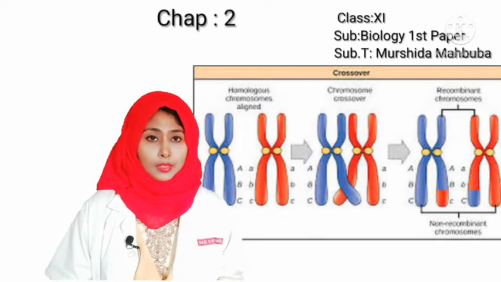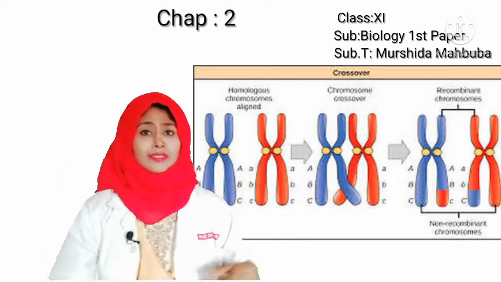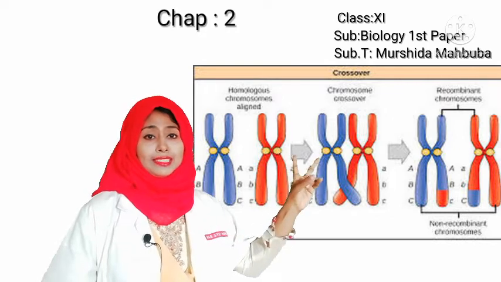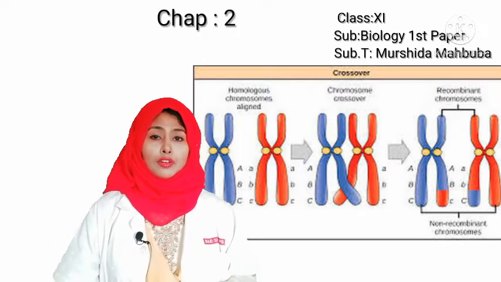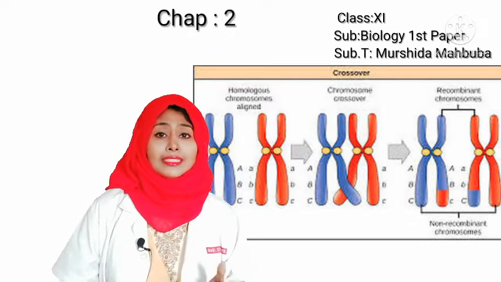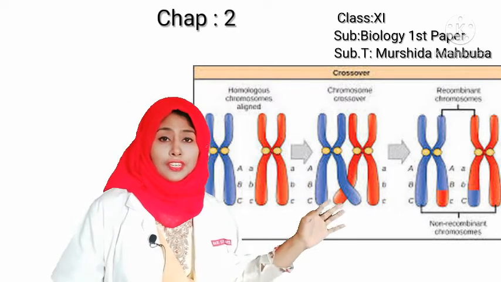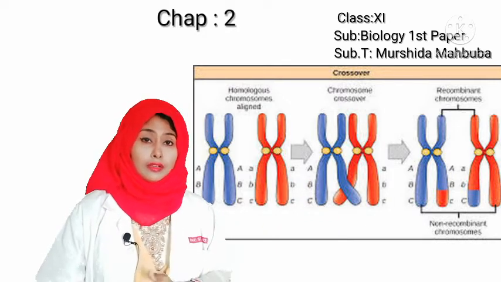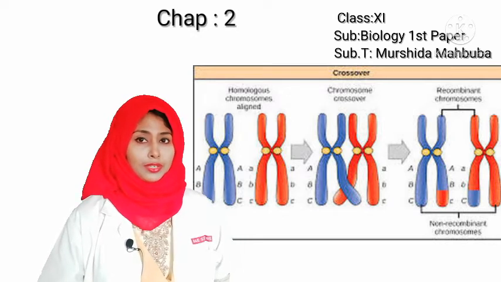The paired homologous chromosome divides lengthwise, except the centromere, into two chromatids. The two chromatids of the same chromosome are known as sister chromatids, and the two chromatids of different chromosomes are known as non-sister chromatids. You know, it's also a knowledge-based question. What is sister chromatid?